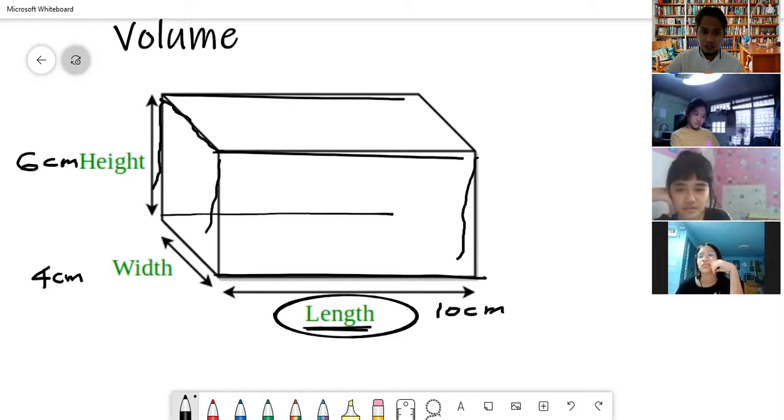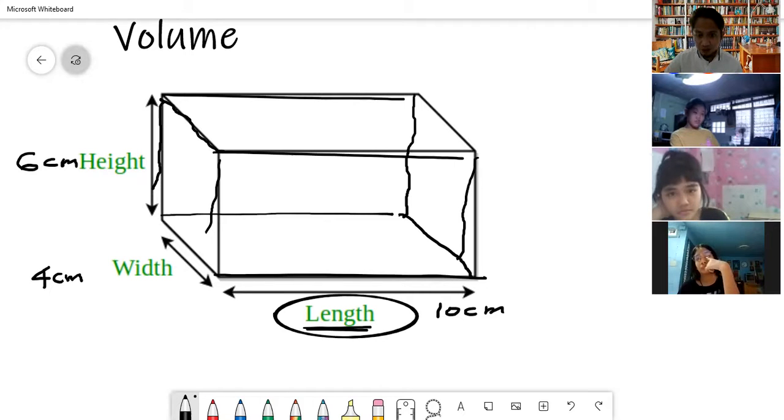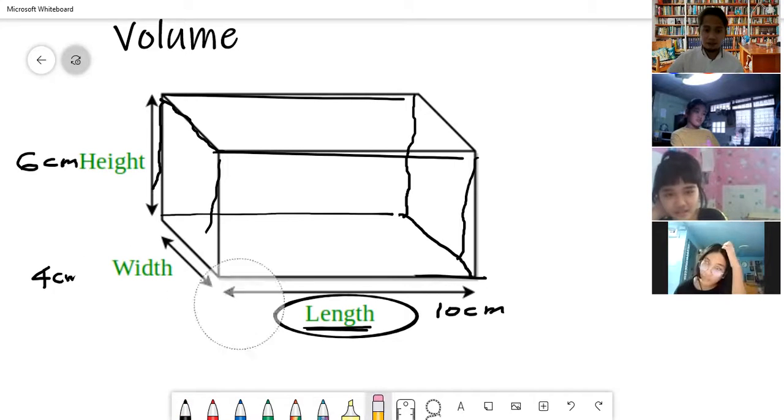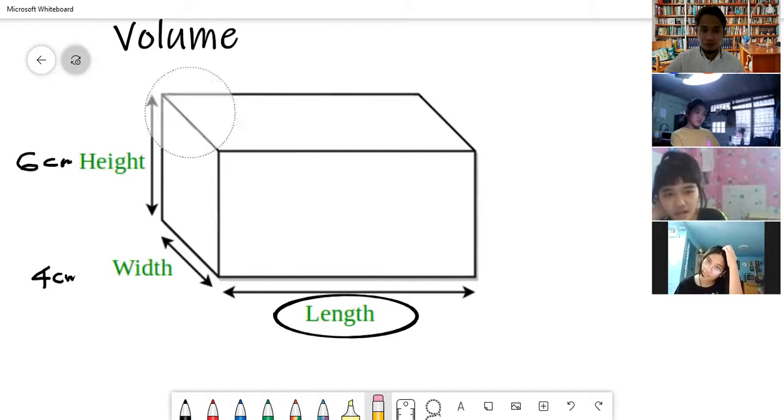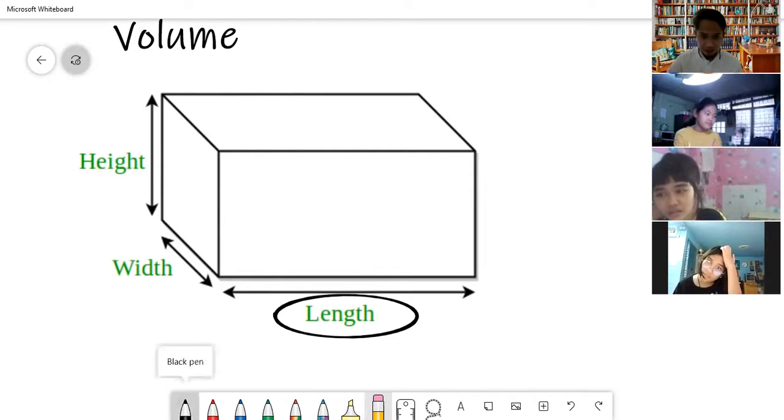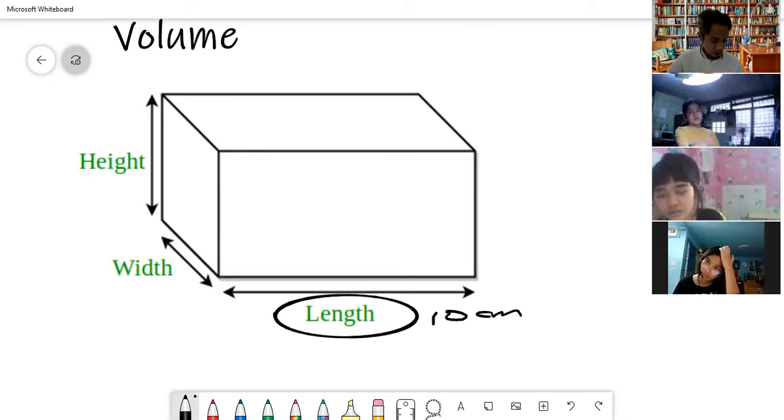This one is 6, this one is 4. Do you understand? So that is the lesson for today: this is 10 centimeters, the width is 4 centimeters.